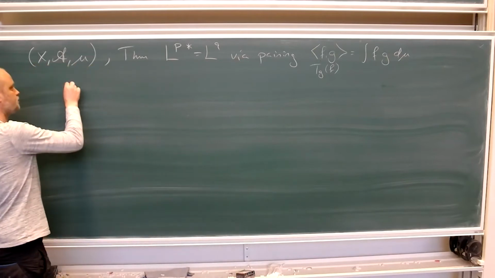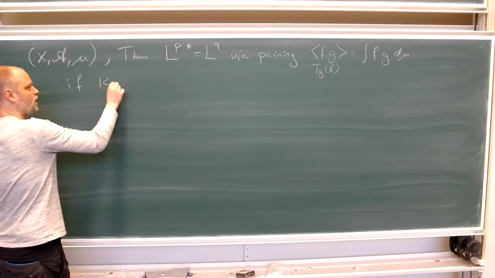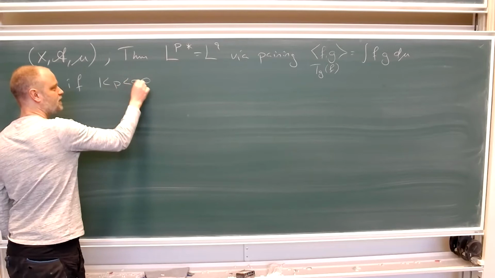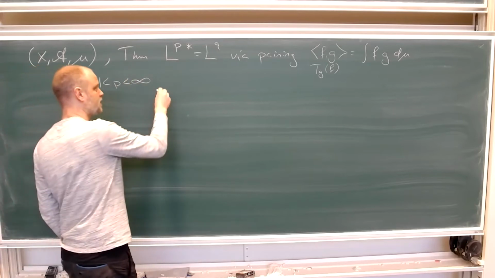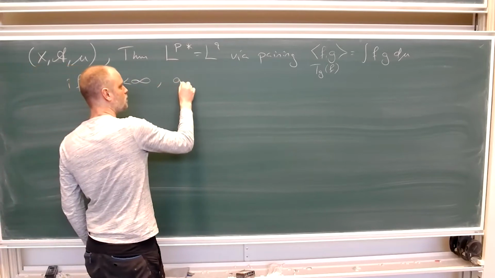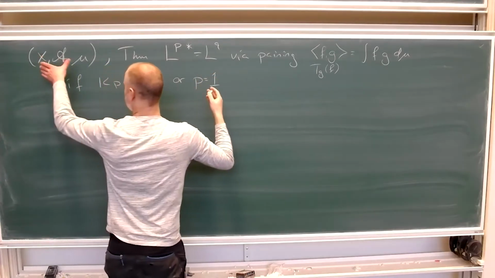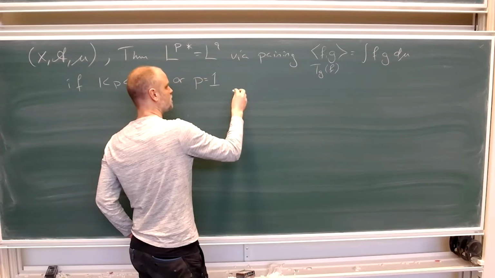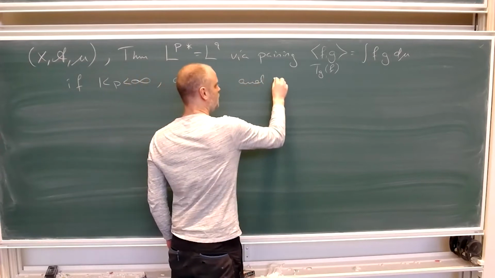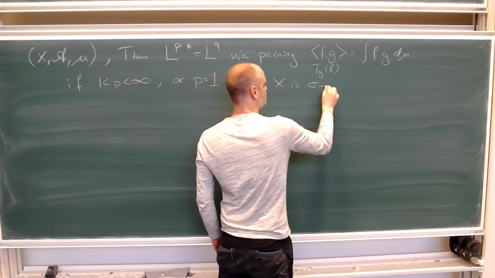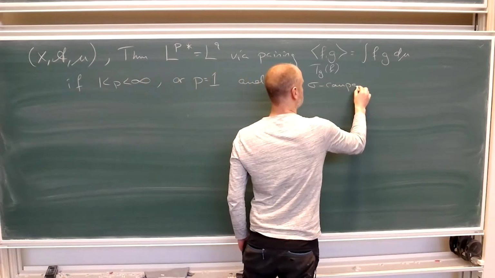This holds if either 1 is less than p less than infinity, so this is the nice case, or p is equal to 1, but then we have to assume something more about this triple here, and X is sigma compact.